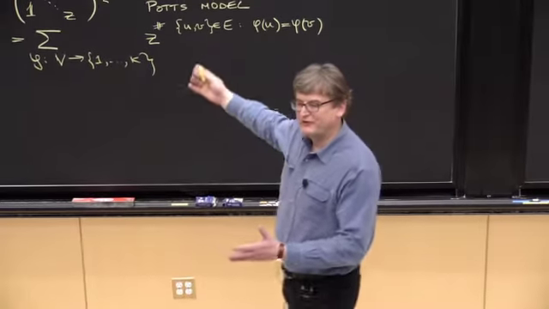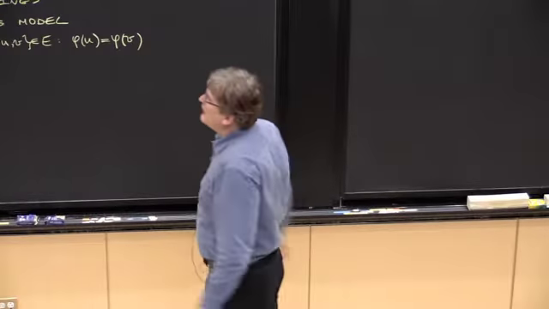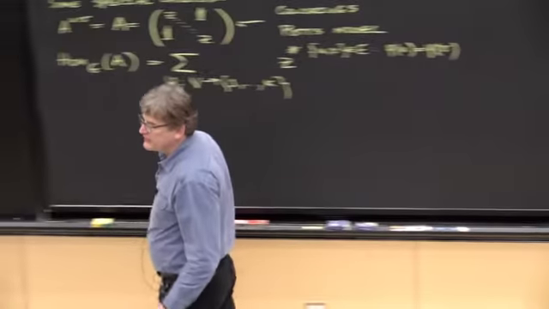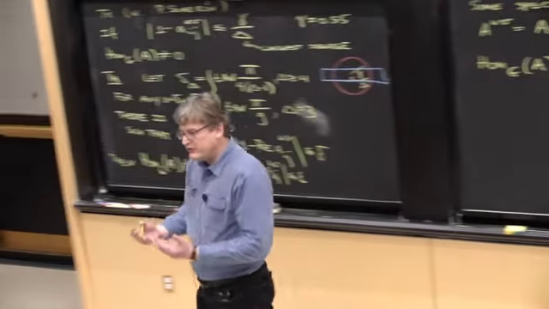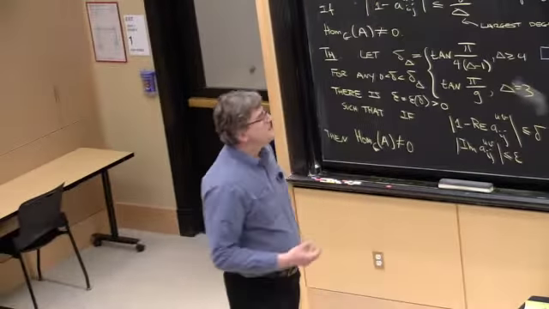It's pretty clear, right? So if they don't, you pick up 1 in the product. If they do, you pick up that parameter z.